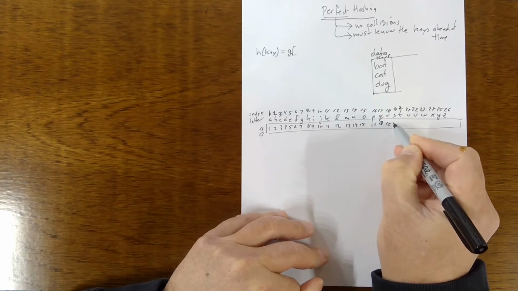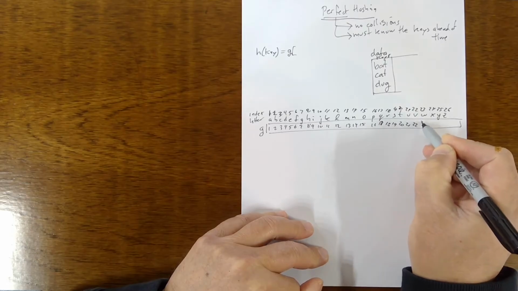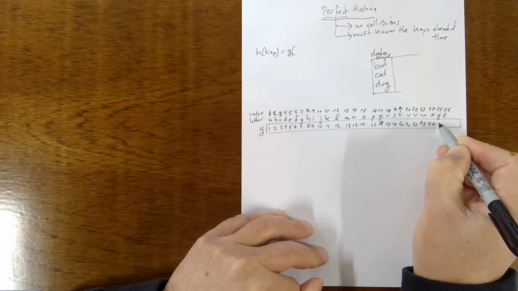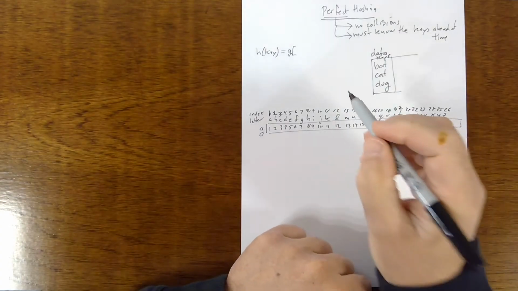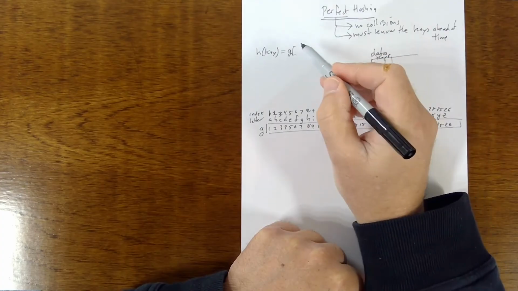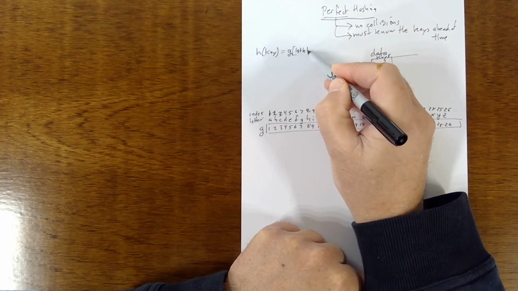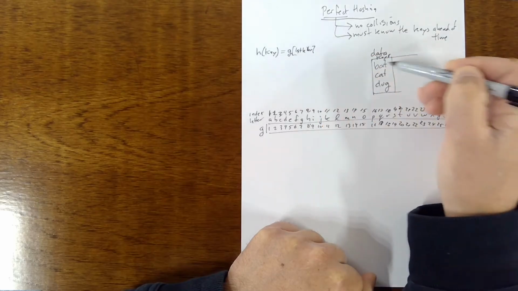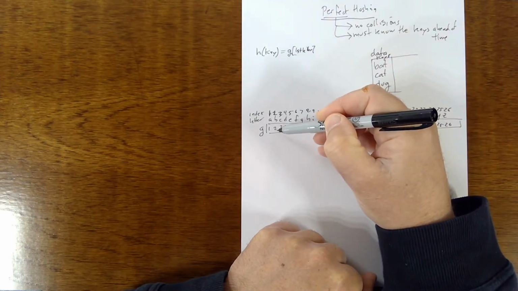They could be anything as long as they're different from each other, but might as well just put the index values in there initially. So we'll take G of the first letter. We'll take this B and use that to pull out this 2.